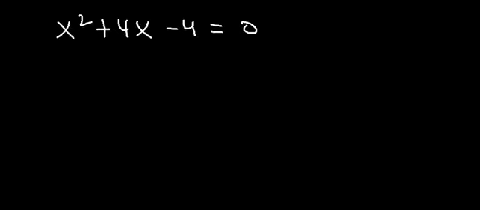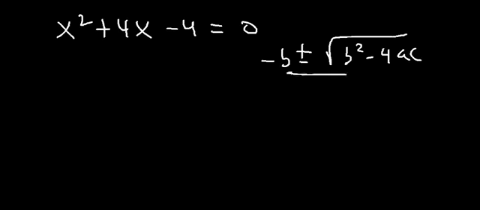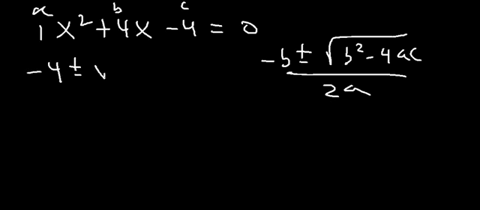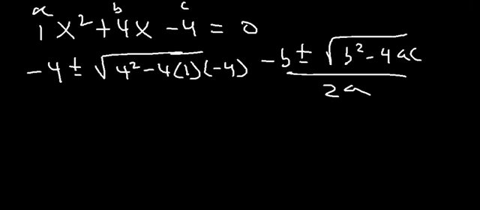We may have to use the quadratic equation, which is negative b plus or minus the square root of b squared minus 4ac, over 2a. So this is a, this is b, this is c. So b is 4, a is 1, and c is negative 4, divided by 2a.